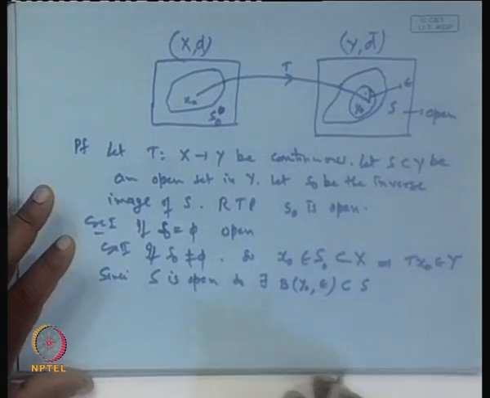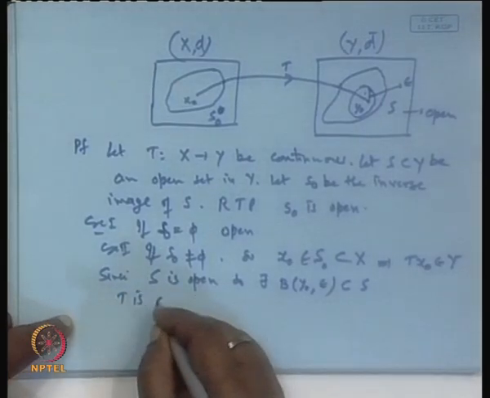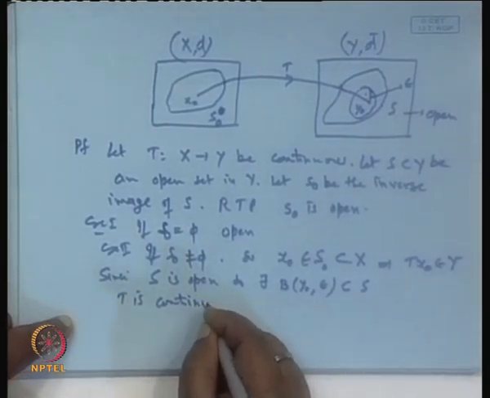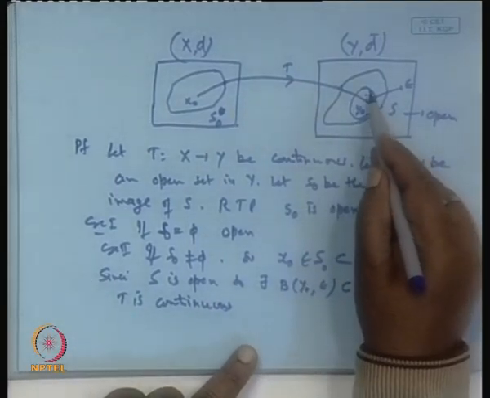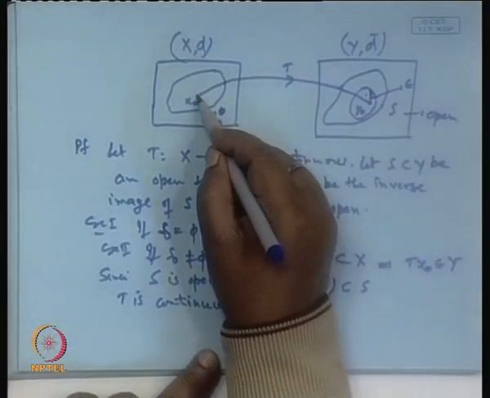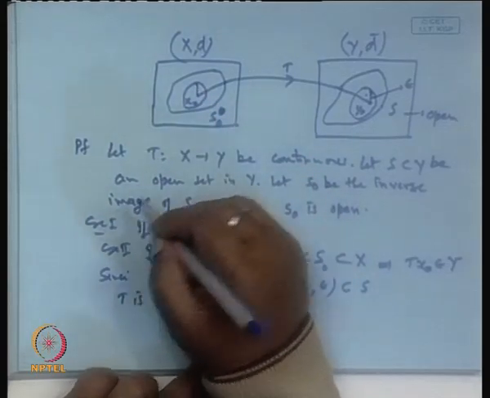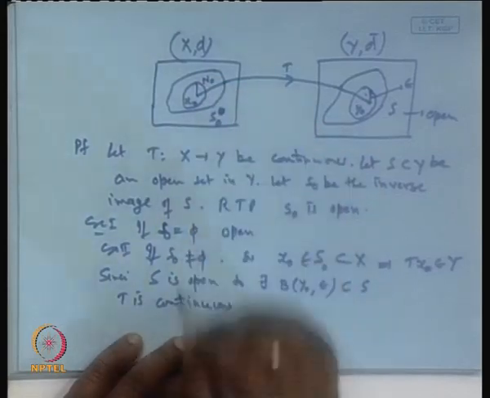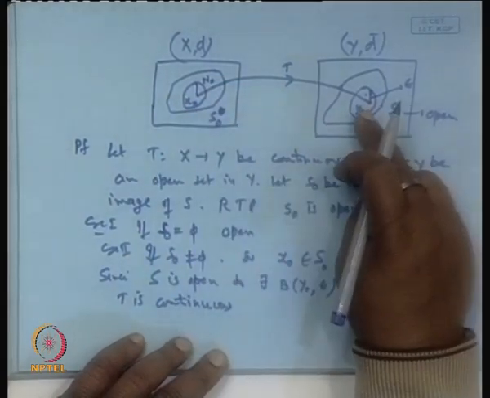Clear. Now, T is continuous. So, by definition, if we take any epsilon neighborhood of y naught, then there will exist a delta neighborhood of x naught, say this is n naught, whose image lies here.